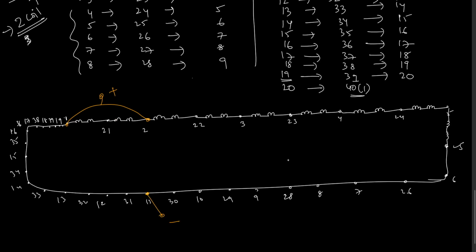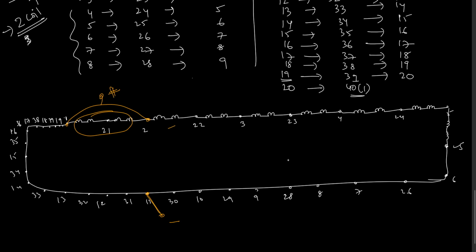This is minus. Okay, so from these two coils are now shorted, 1 and 2 are joined, so we have between plus and minus on one side.